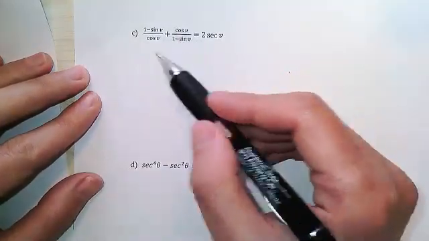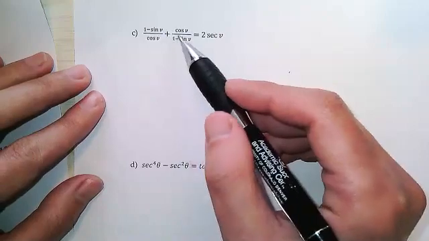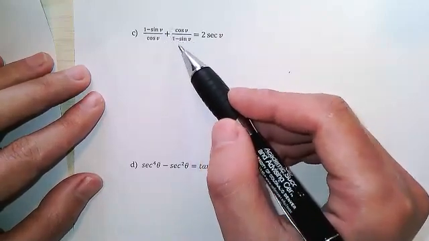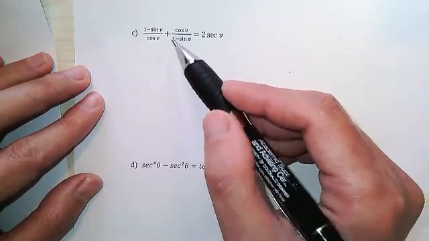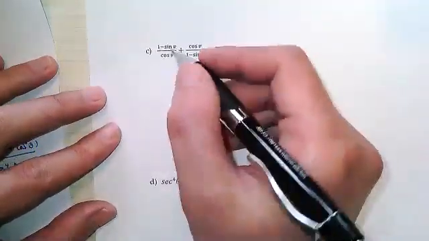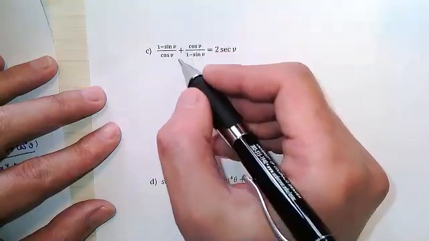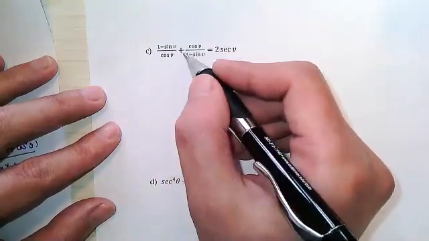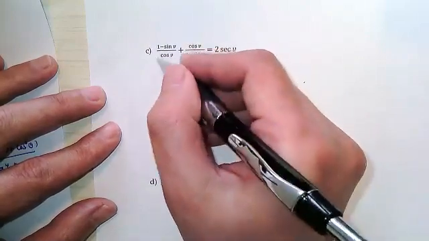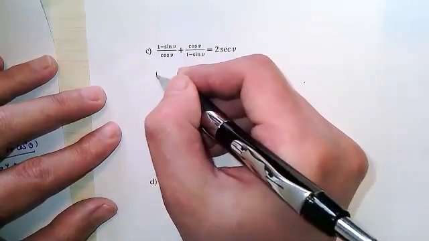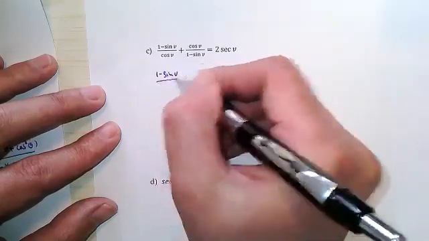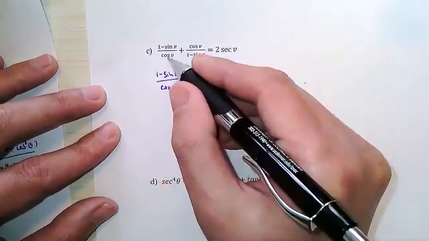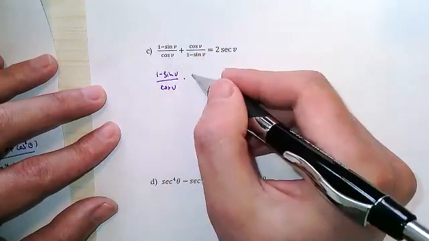Again, we see two fractions. When you see two fractions, you can try to combine them. When you see one fraction, you can try to split it. So let's combine the two fractions and multiply whatever they do not have in the denominator. This guy does not have 1 minus sine.